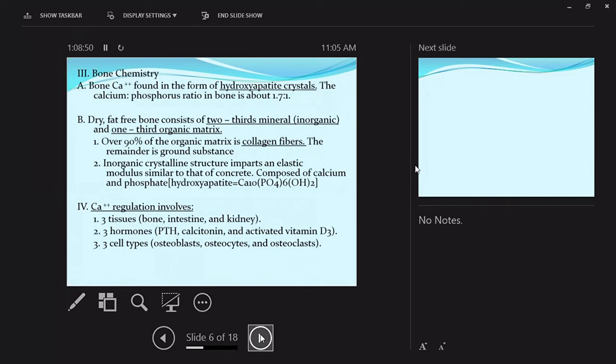So your bone salts are calcium and phosphate. This forms your hydroxyapatite crystals and is responsible for the hardening of the bone.